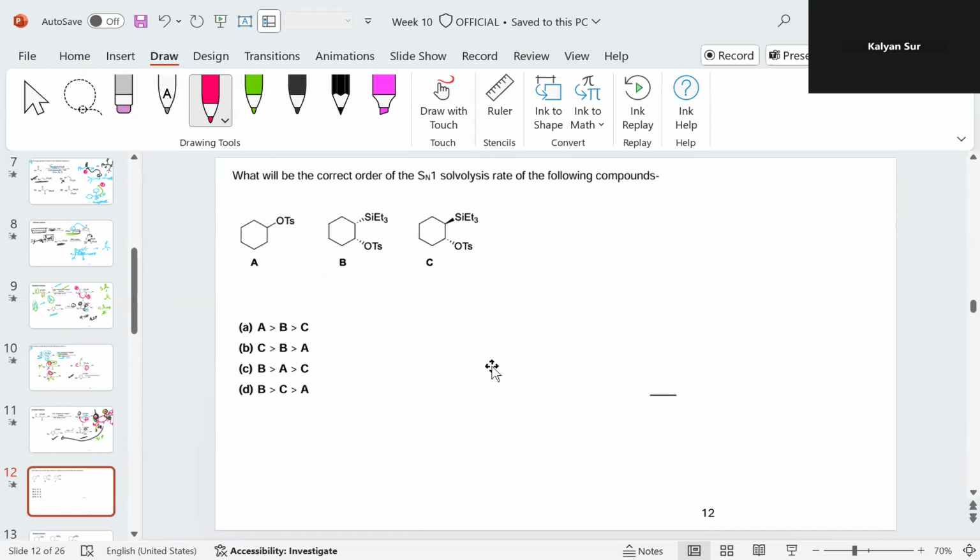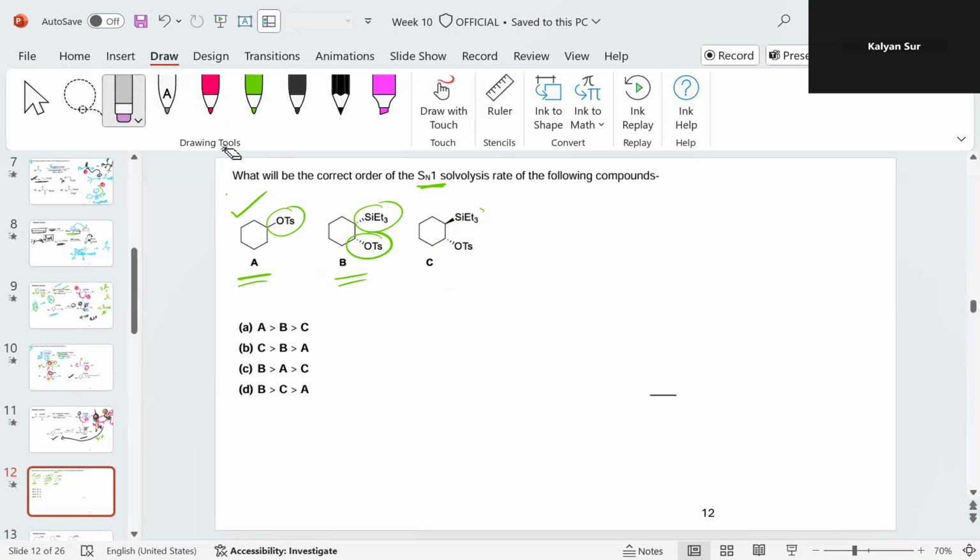We have given three compounds, and we need to identify the rate of solvolysis. The first structure has the OTs group and there are no additional groups. In the second compound, the SiEt3 and OTs are syn to each other, and the third compound has SiEt3 and OTs anti to each other.